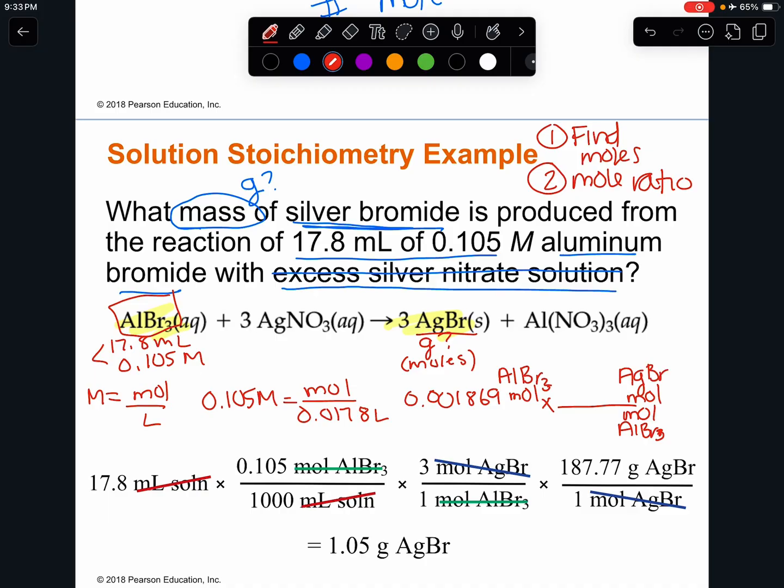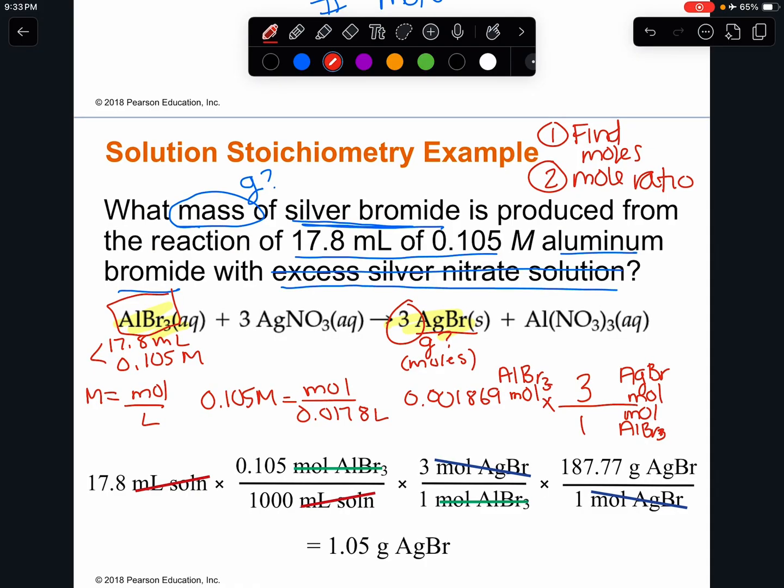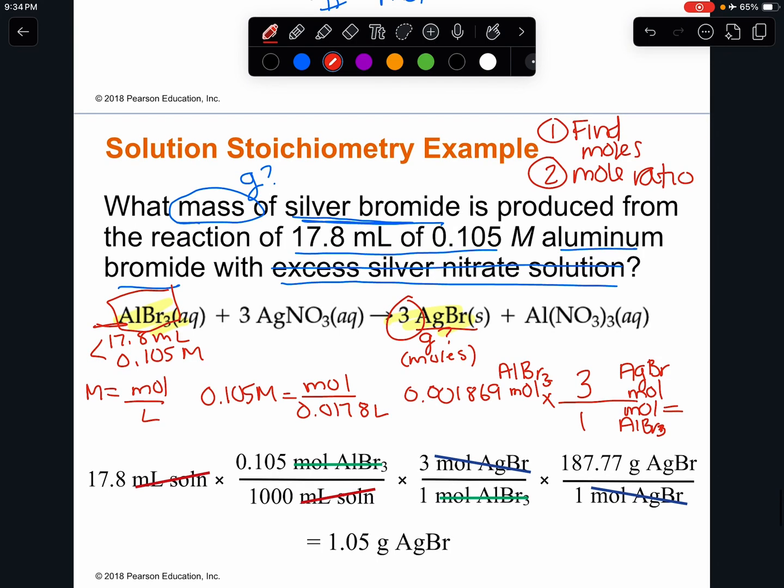And then what I'm going to is AgBr. Okay, now I'm going to go ahead and put these numbers in front. There's a 3 in front of that. There's a 1 in front of here. And I'm actually just going to go ahead and solve for this. Okay, and I'll show you what I'm going to do with that next. I'm just taking that number we just got, multiplying it by 3. So I'm going to go ahead and actually write this work down below here. So when I solve for the moles here, I get 0.005607.